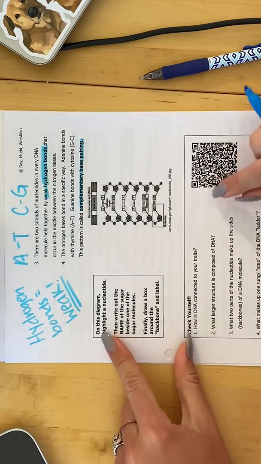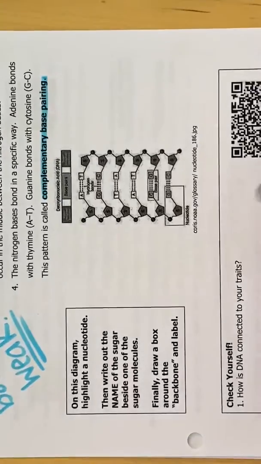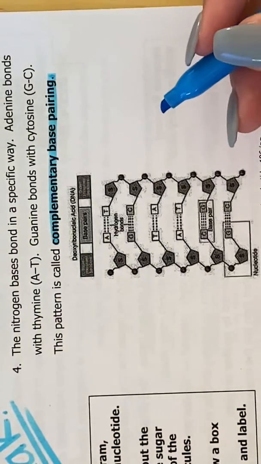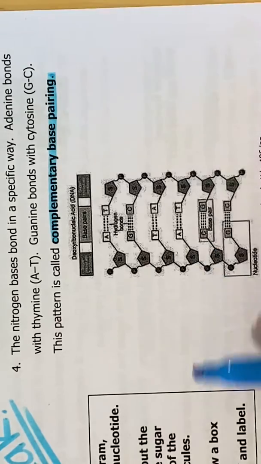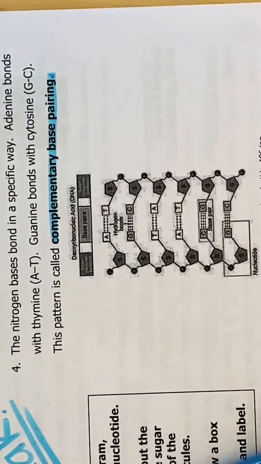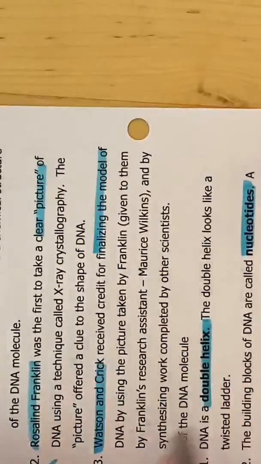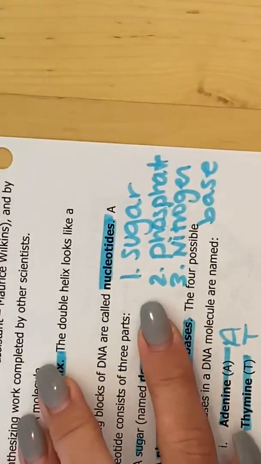All right, so it says on this diagram, highlight a nucleotide. So if we're looking at this diagram right here, we're gonna highlight that entire nucleotide. Now remember that a nucleotide is consisting of 3 different parts. Okay, so going back to this side, a sugar, a phosphate, and a nitrogen base.